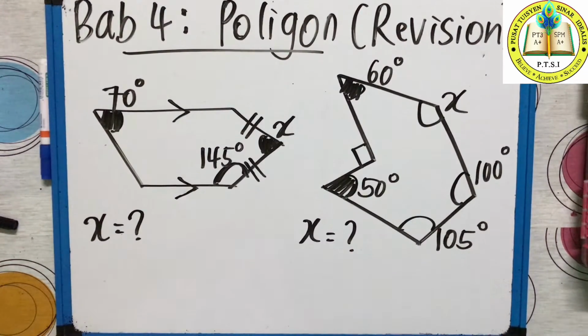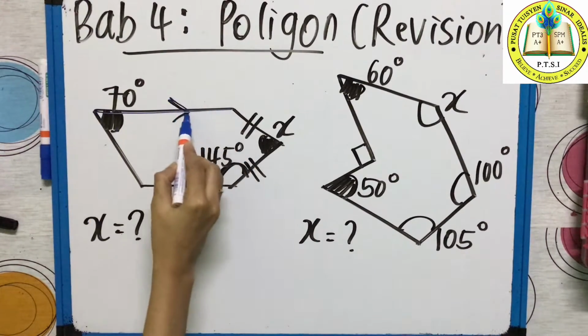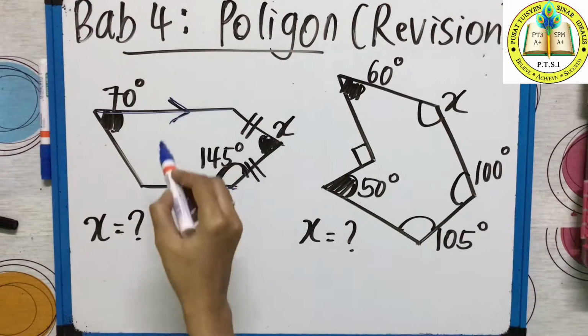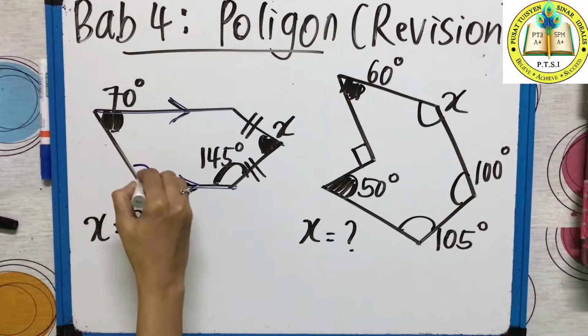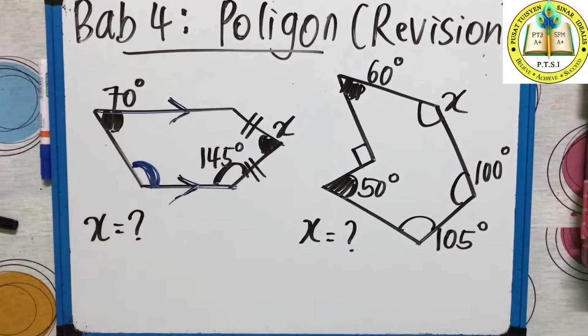Whenever there is a parallel line, this one we call a parallel line, and this is also a parallel line, when there is a parallel line, the side by side you plus, you're supposed to get 180 degrees. This formula you have to know. If you don't know, you can't get it right.